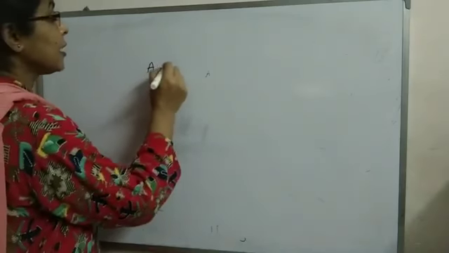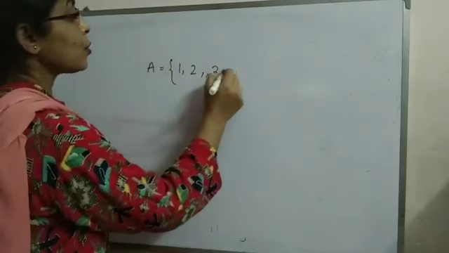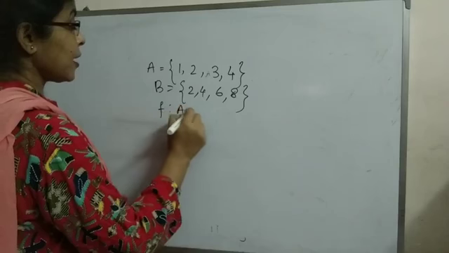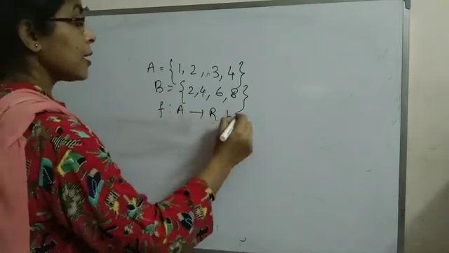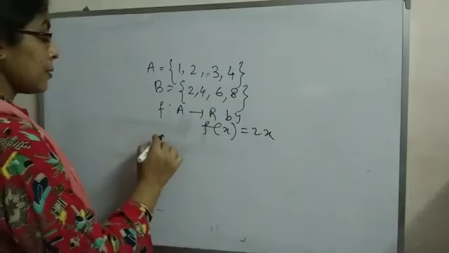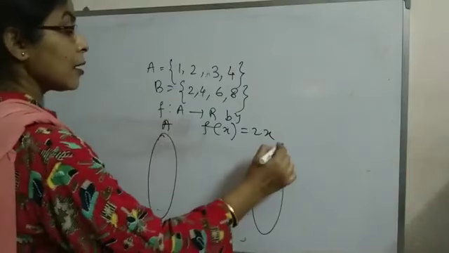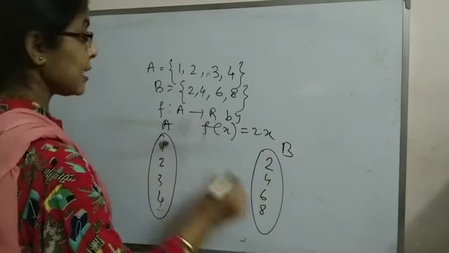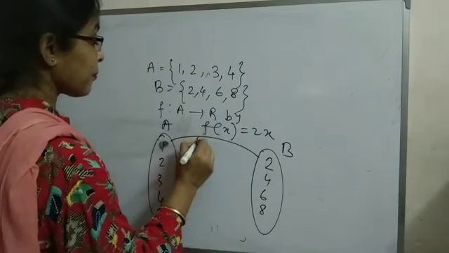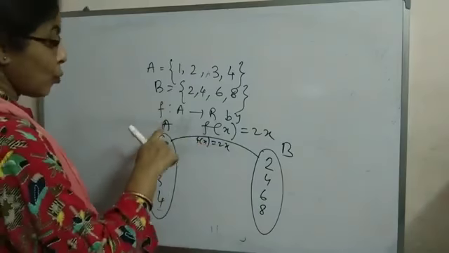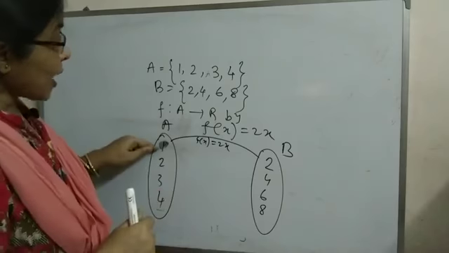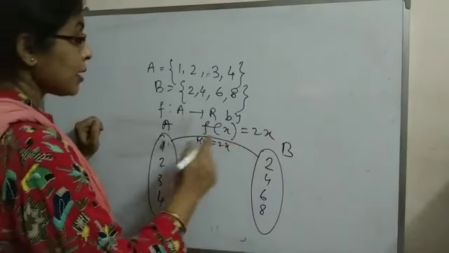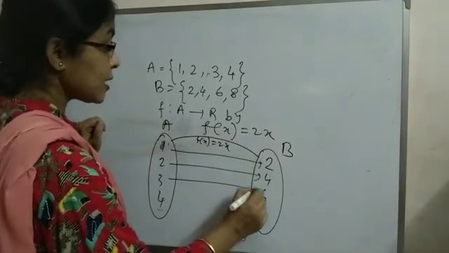If the elements of A are 1, 2, 3, 4 and B equal to 2, 4, 6, 8, and F maps A to B by F(x) equal to 2x, then each element of A is related to an element of B by F(x) equal to 2x. 1 is related to 2, 2 to 4, 3 to 6, 4 to 8.